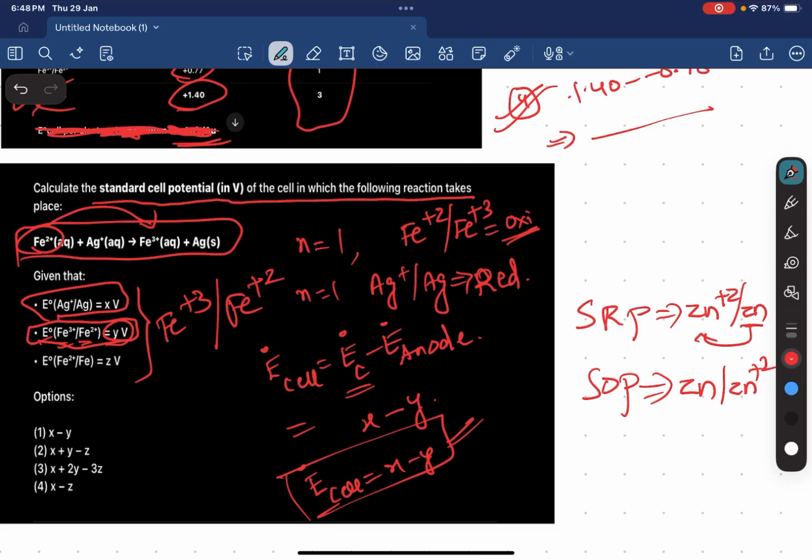Here higher oxidation state converting into lower oxidation state, plus 2 to 0, that is why it is SRP. But in this case 0 to plus 2 it is SOP, oxidation. So if they give SRP, you can use directly E naught cathode minus E naught anode. If they mention SOP, you have to take E naught anode minus E naught cathode.